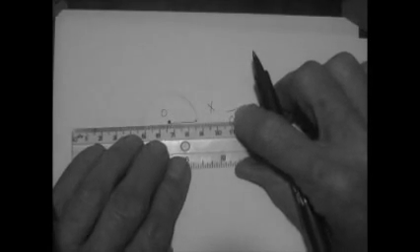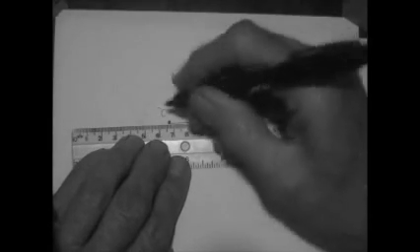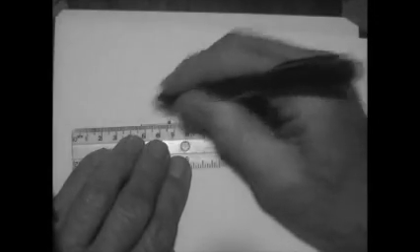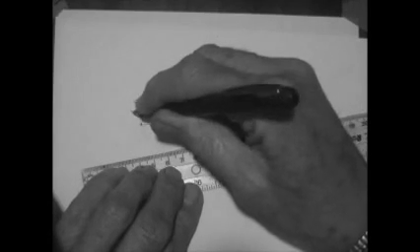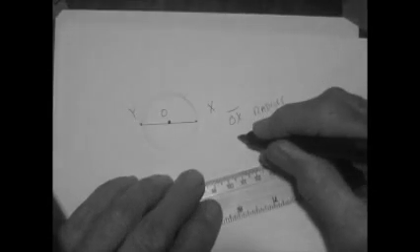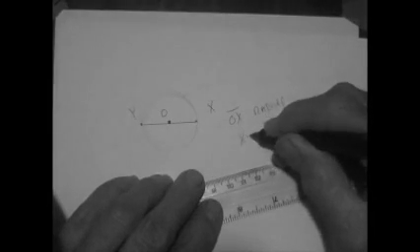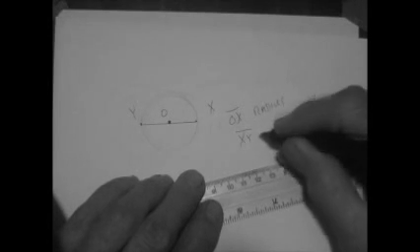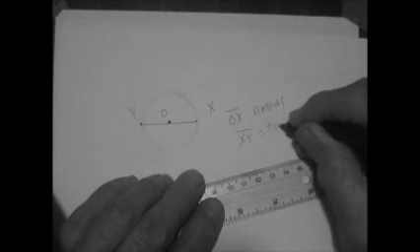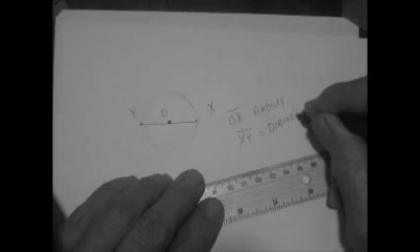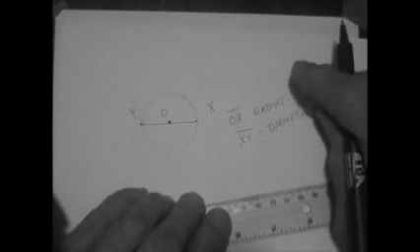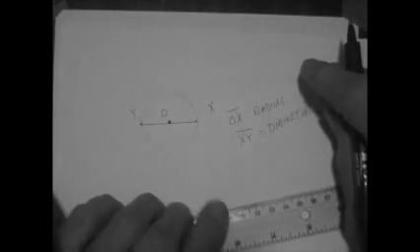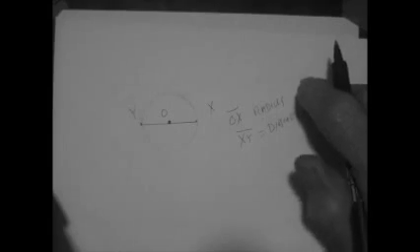If I were to continue the radius straight through the center and come out the other side to here, and call that one Y, then line segment XY, or YX, would then be a diameter. There we go.